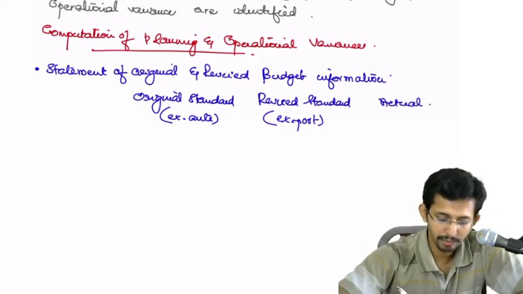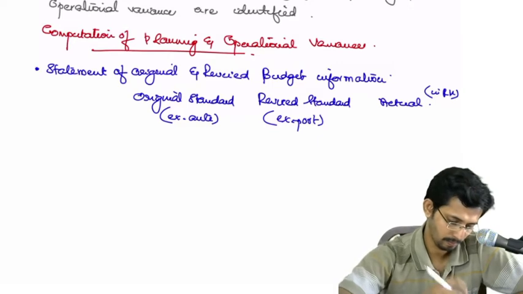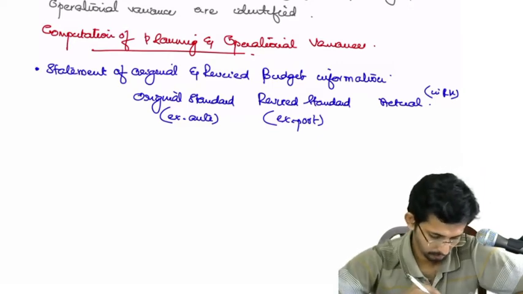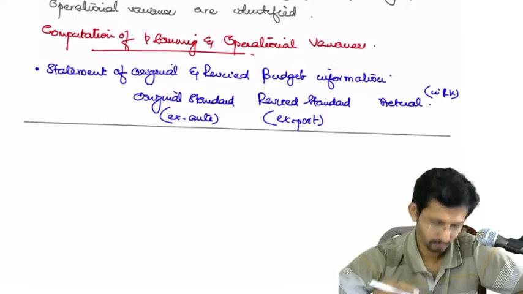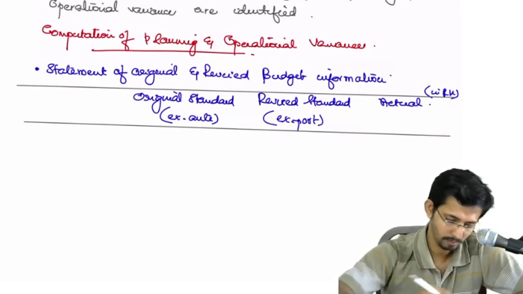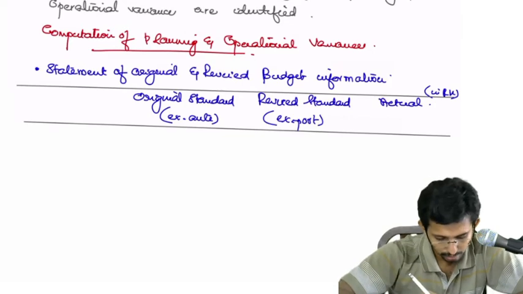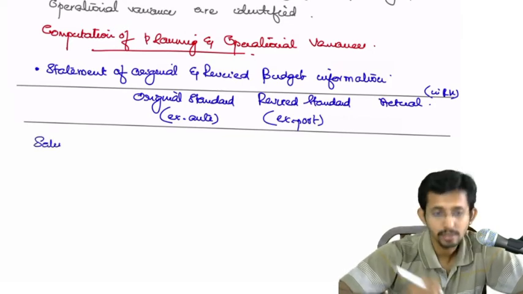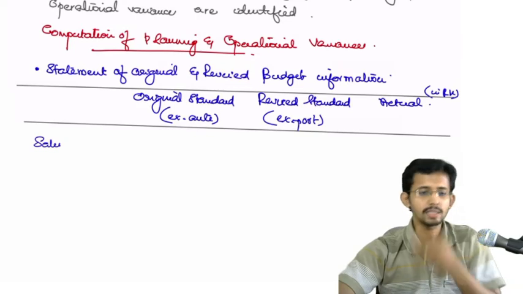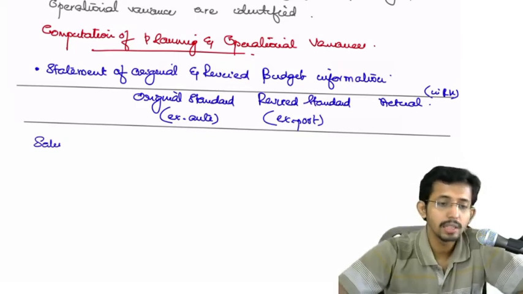Okay, all figures in RM. So you should start with sales. Sales, what was the original budget? Original budget was 2000 units into RM 50.